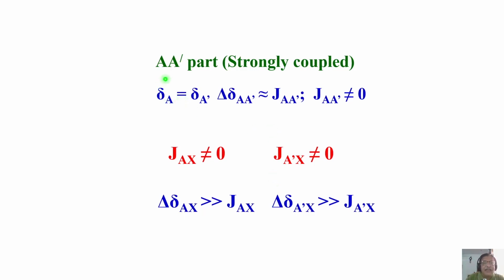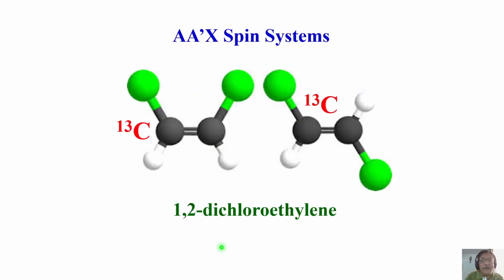I am repeating again, in the AA prime case, chemical shifts are the same and the coupling constant is comparable to the difference in chemical shifts, and the coupling constant is non-zero because it is visible in the spectrum. But together these two are coupled to a third proton, and that coupling, A coupling to X, A prime coupling to X, is non-zero, and also the chemical shift separation between AA prime and X is larger than this coupling. So it is a classic example of an AA prime X spin system.